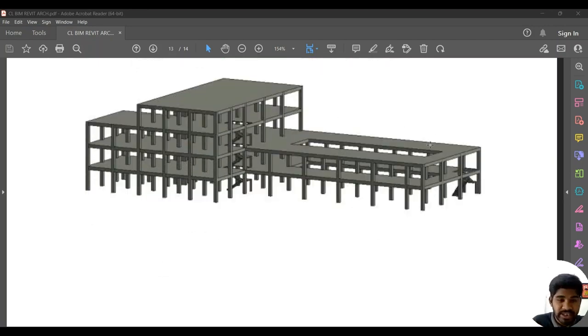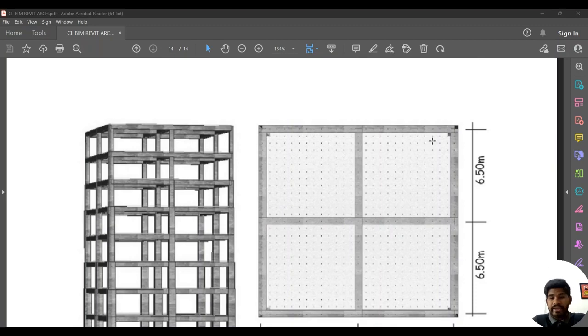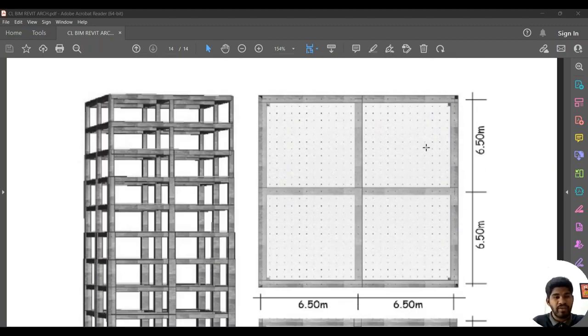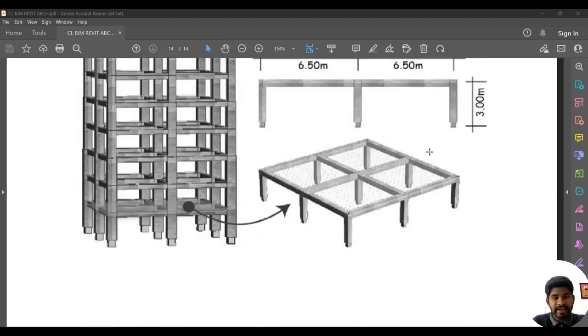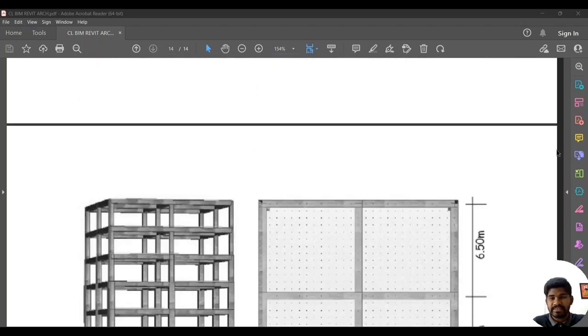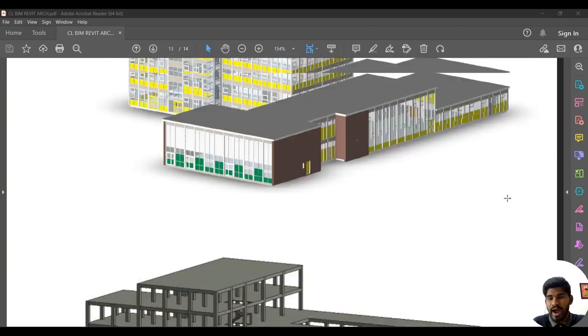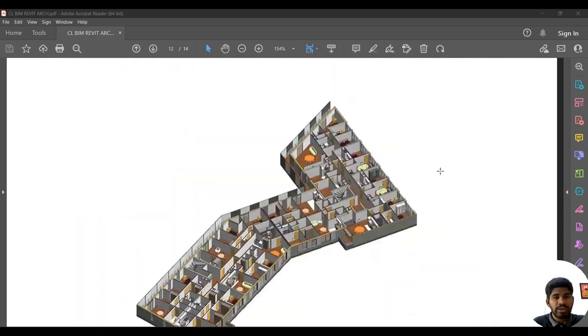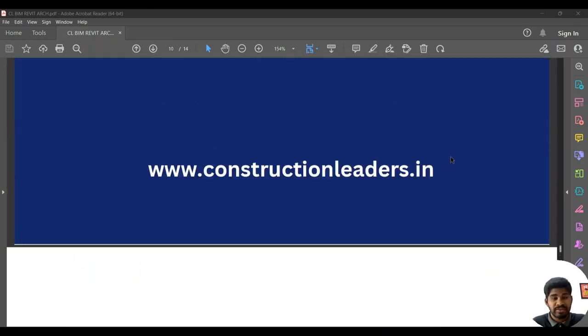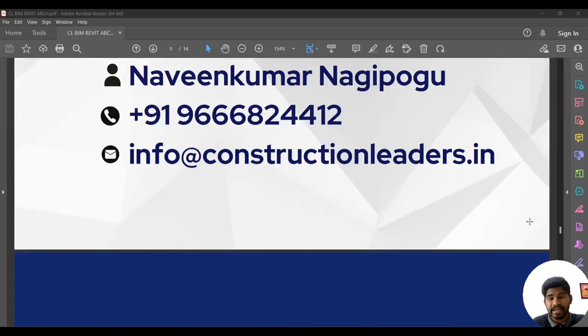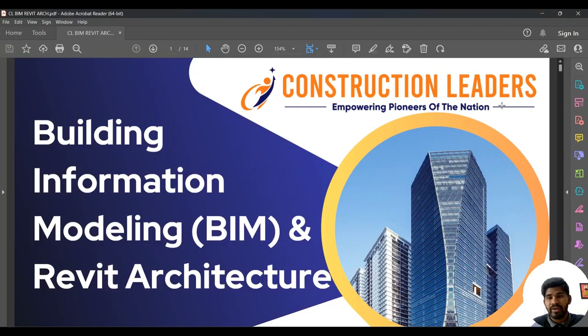So why can't we do this one also? Yeah, we may develop this kind of big multi-storey framed RCC structure also. Yes, this is all I wanted to convey to you, and I'm damn sure whatever you are seeing here is really rare. I will be explaining and delivering more and more in our course.